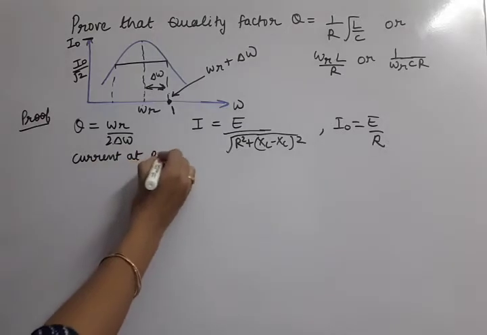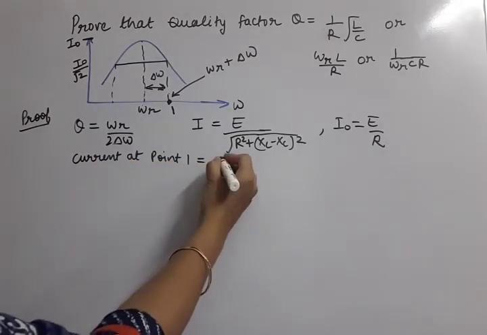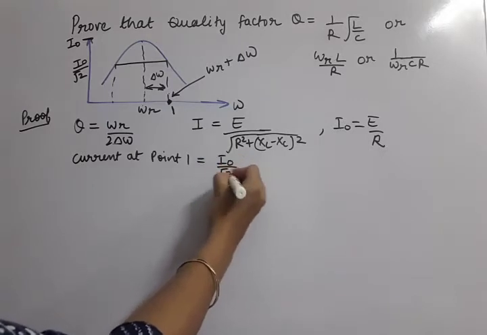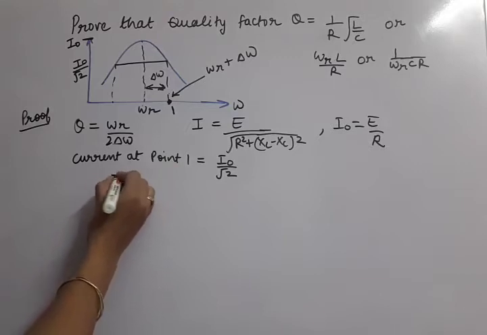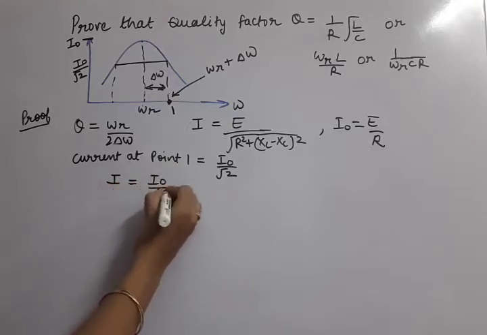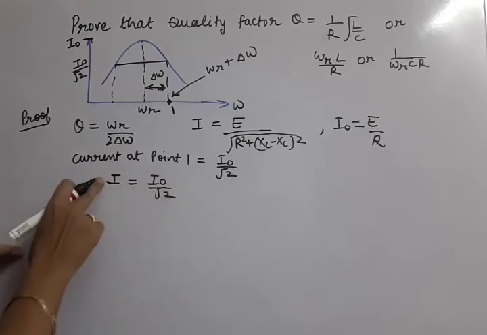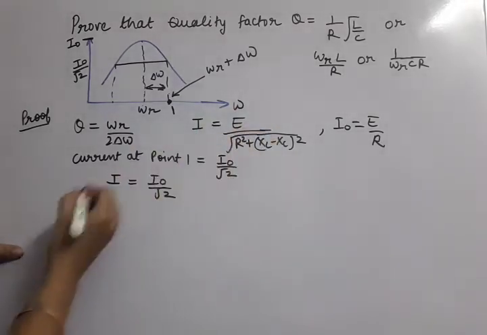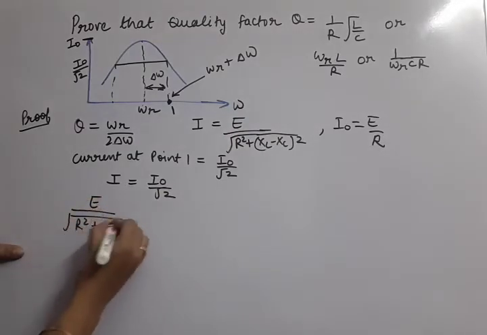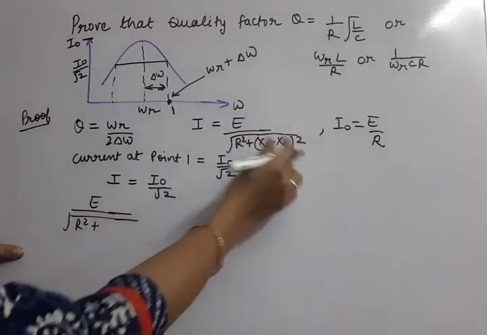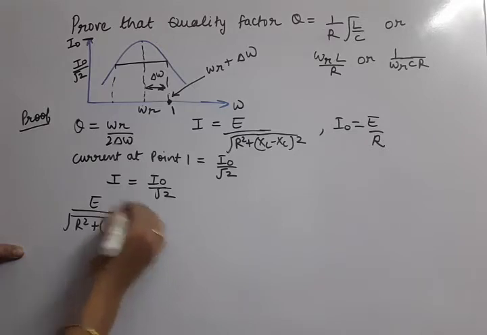Current at point 1 is I0 by root 2. Here I will put the I value from here: E upon root of R square plus XL minus XC whole square.